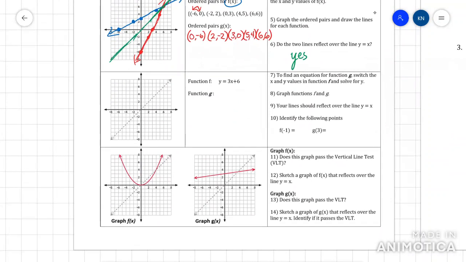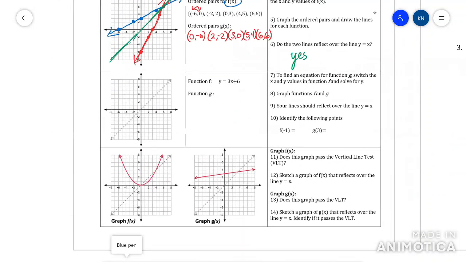So let's keep moving. Now they want us to graph f of x, which is this right here, 3x plus 6. So start at your y-intercept of 6, rise 3, run 1, and then go the other way. Okay.